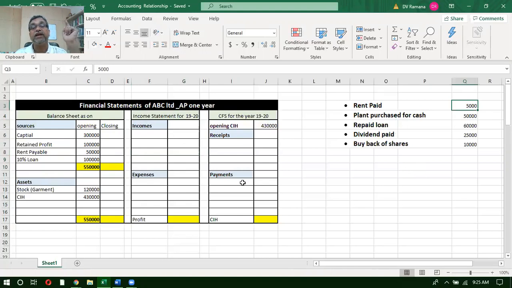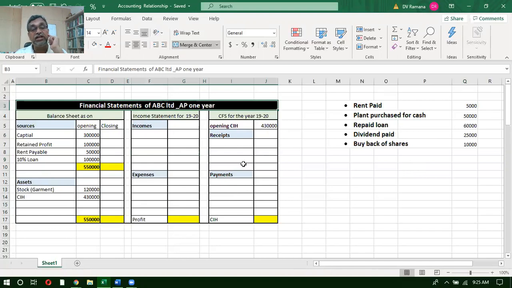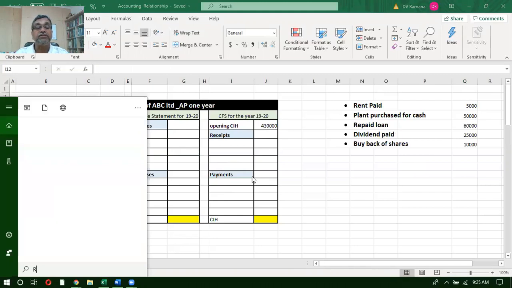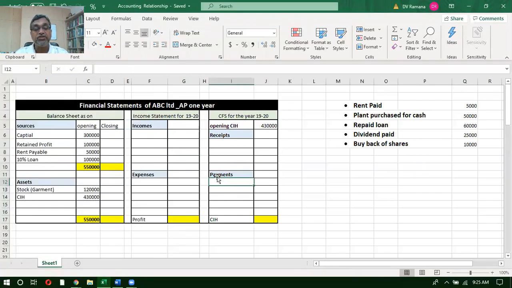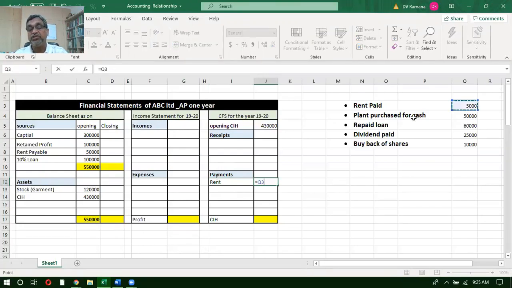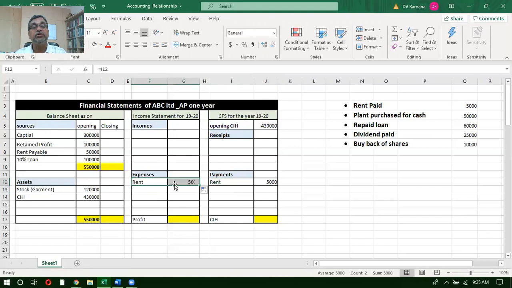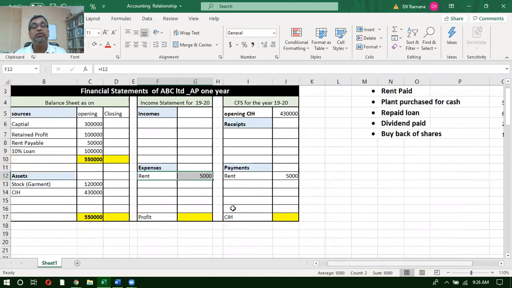So rent paid is a cash outflow, and the company is having cash of 430,000. The company paid cash for rent, and rent is an outflow of cash, and rent is an expense. So this is a payment which has resulted in cash going out, no doubt, but it is an expense.